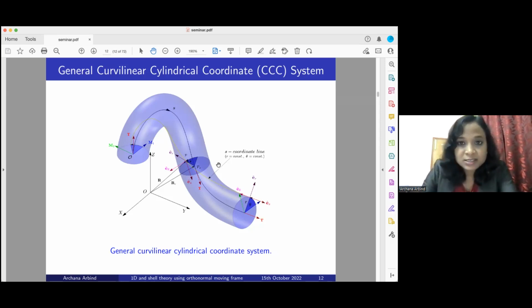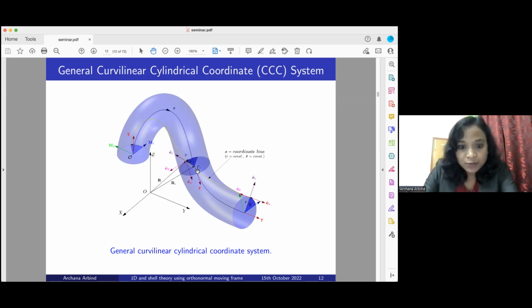In some cases, it is not even perpendicular to each other. So in this case also, it will not in general be perpendicular. Only for the Bishop frame, the basis vectors will be perpendicular to each other. But what we have done is take an orthonormal moving frame.